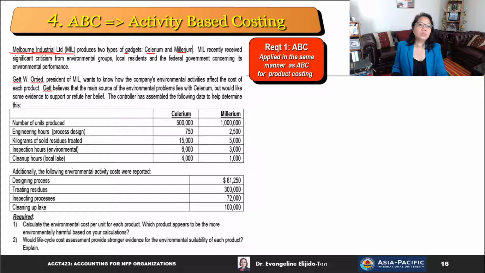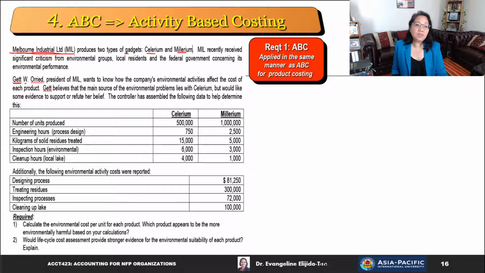MIL recently received significant criticism from environmental groups, local residents, and the federal government concerning its environmental performance. So the president of MIL, Get W. Orid, wants to know how the company's environmental activities affect the cost of each product.